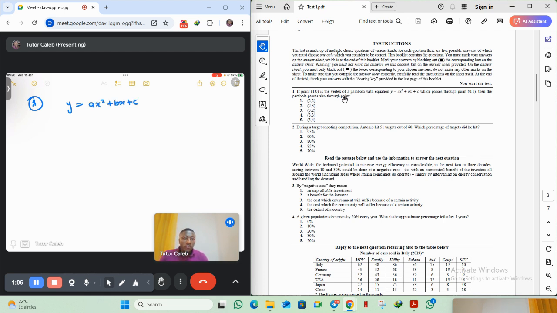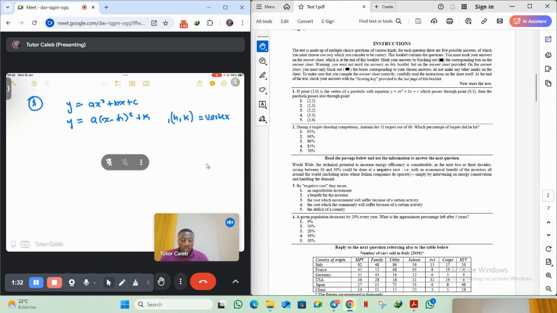That equation can also be rewritten as y equals a into (x minus h) all squared plus k, where in this equation h and k represent the vertex.